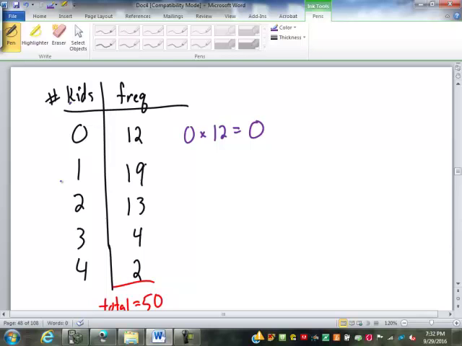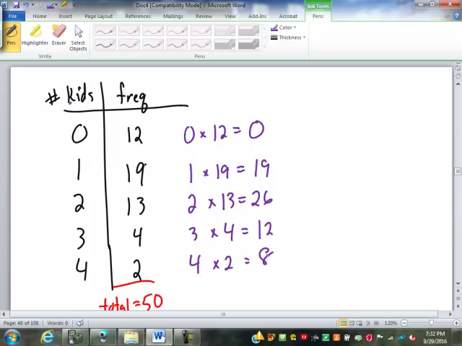I have 19 ones. 1 times 19 is 19. I have 13 twos. 2 times 13 is 26. 4 threes, sorry. 3 times 4 is 12. And 4 times 2 is 8. So that's going to add up to 65.